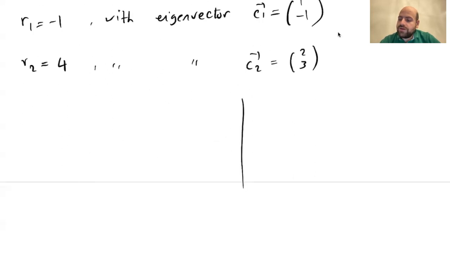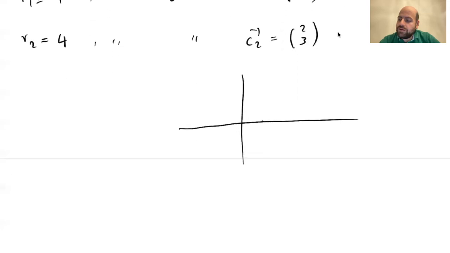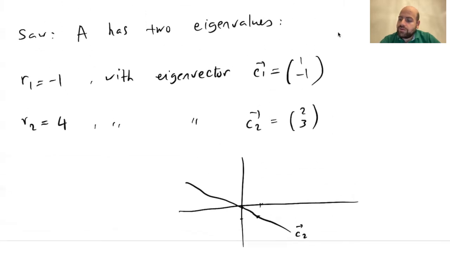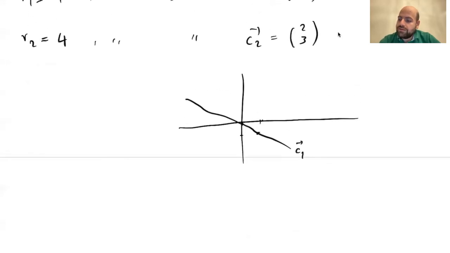So if you want to sketch the phase portrait, (1, -1) would be here. So this is C1, (1, -1), and then C2, (2, 3).